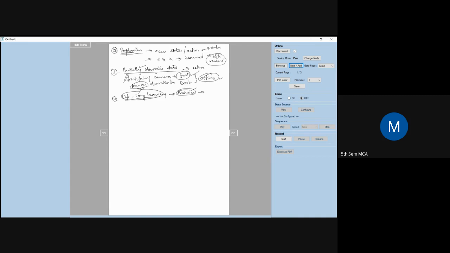The third point is partially observable states. Generally, what we assume is that when a robo has a sensor, it gives us a picture of the entire surrounding, correct? Whenever we say there is a robo, it has a sensor, it has a camera, so it will give you what all is there in the surroundings.